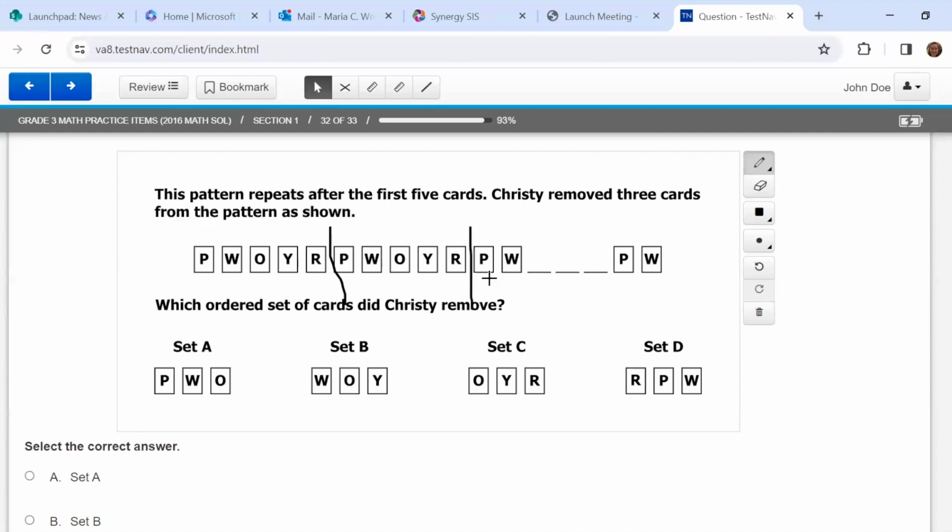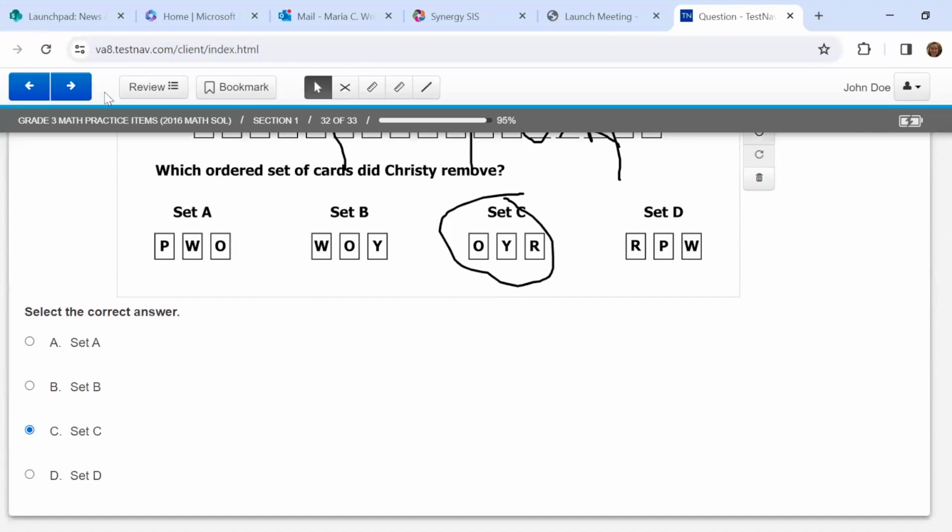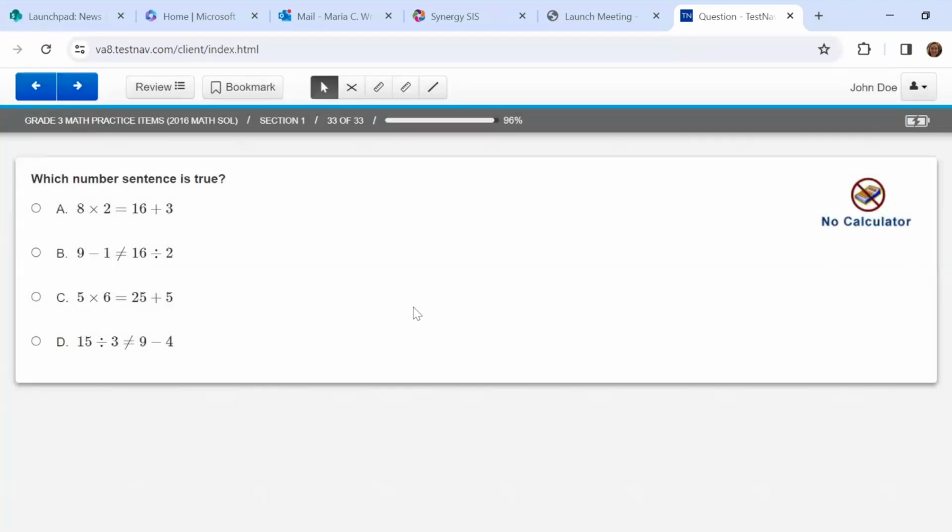PWOYR would be my next 3 letters. Now I'm going to check and see which one has the letters that match. Looks like set C. There we go.